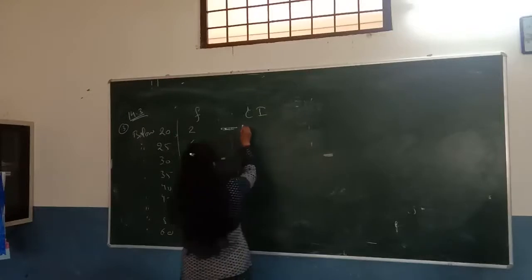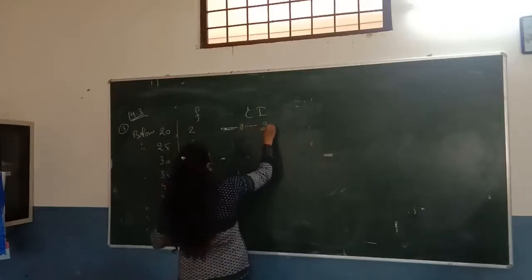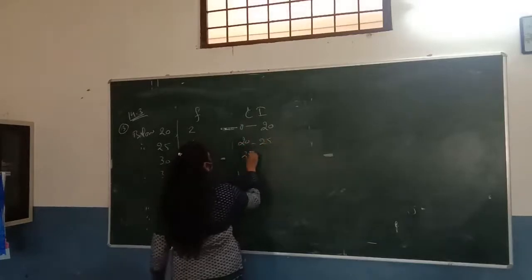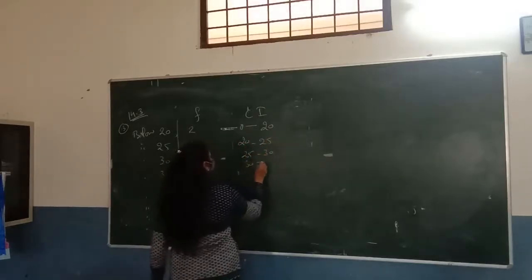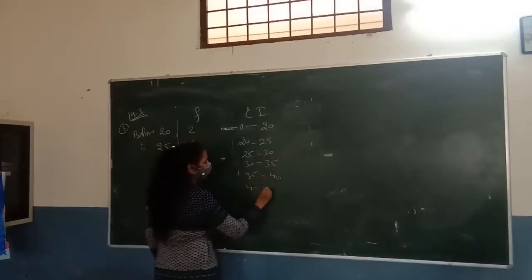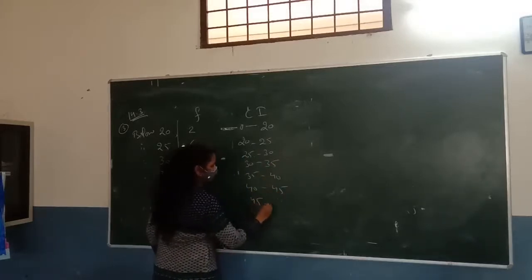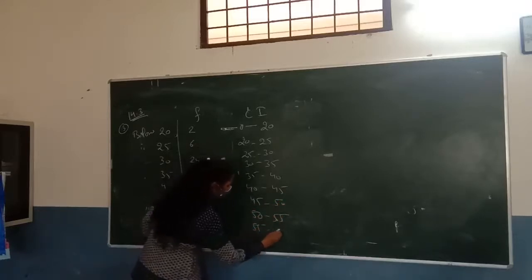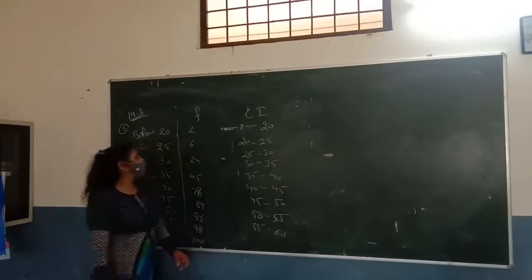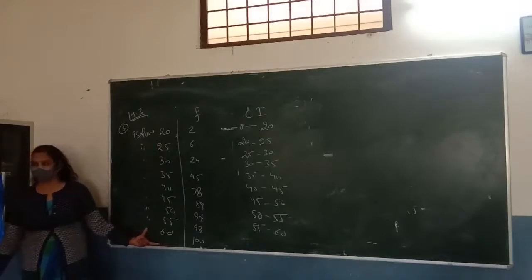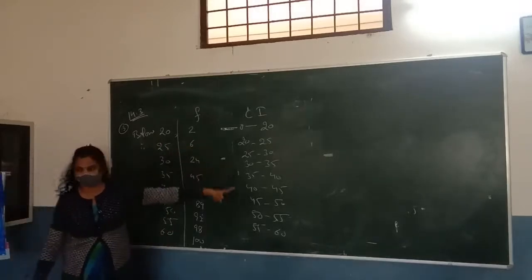So we start from 15 or 0 to 20, 20 to 25, 25 to 30, and so on up to 50 to 55, 55 to 60. So this less than table actually has these values as the upper limits.